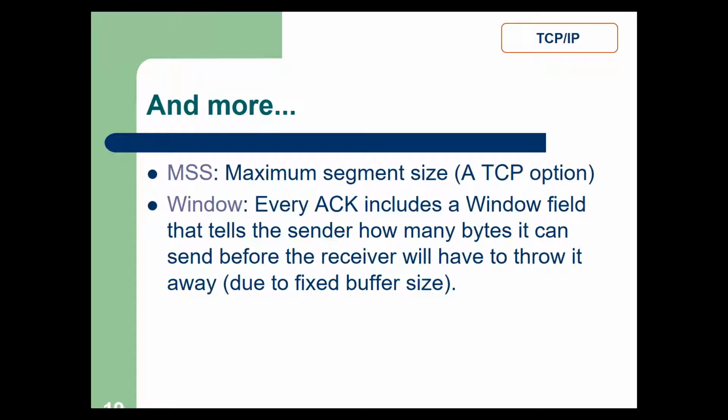IP fragmentation is fragmenting the data part into different IP datagrams, and they are all sent over the internet because the resources available are limited. The data is not sent in one big chunk. It is broken down into smaller chunks and then sent over the internet as IP packets.